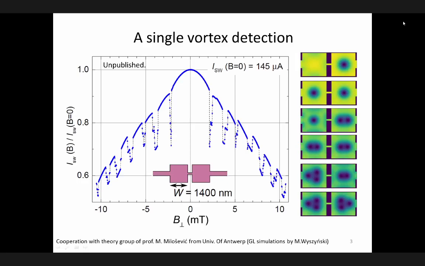This corresponds to the first vortex entry to each box, this to two vortices in each box, three vortices in each box, and so on. These are maps obtained in time-dependent quantum simulation. I have some collaboration with colleagues from the University of Antwerp.